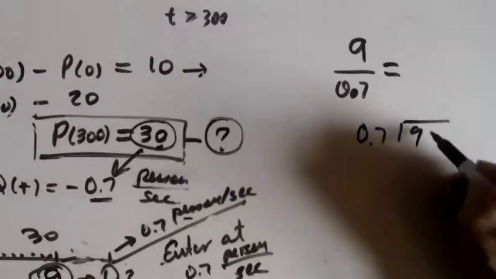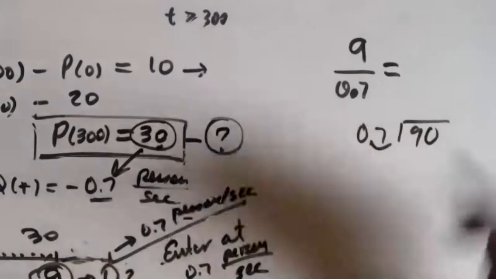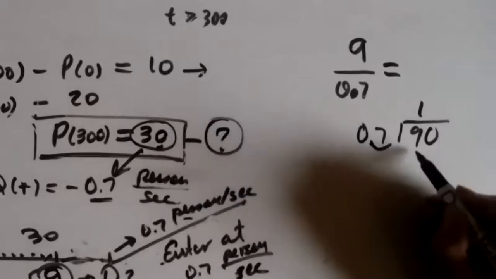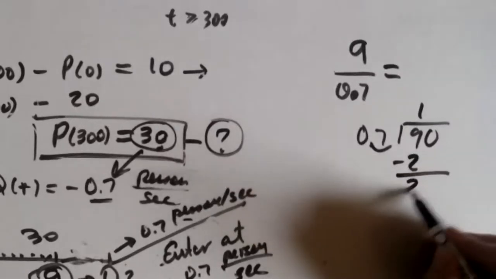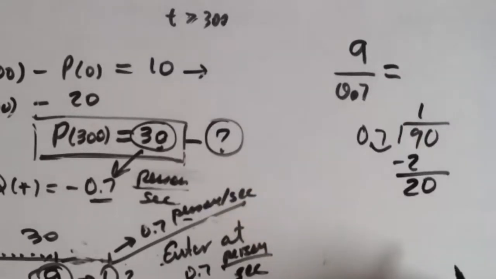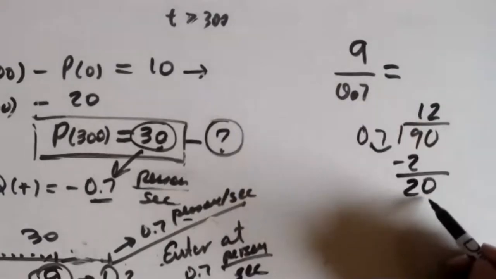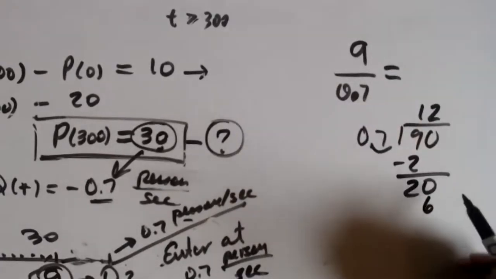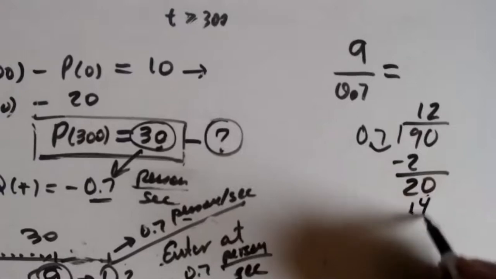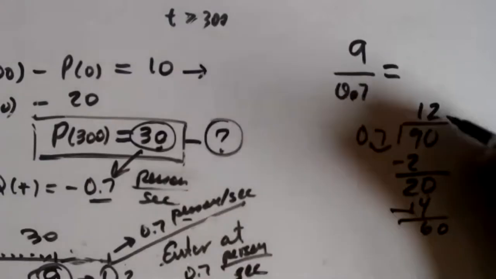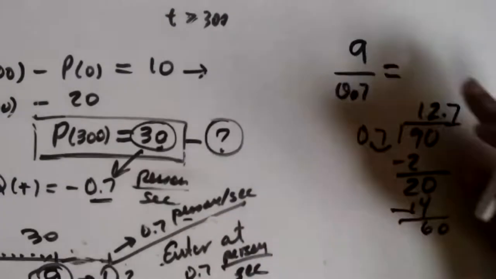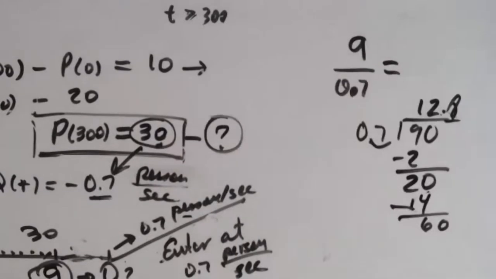What is that? You have 1, correct? You have 2. Then you have 6. No, 14, right? You have 6. What is that? 7? No, 8, correct?